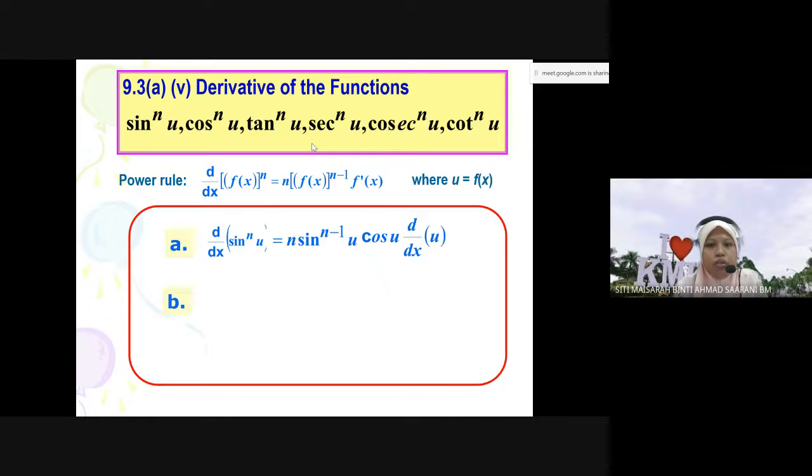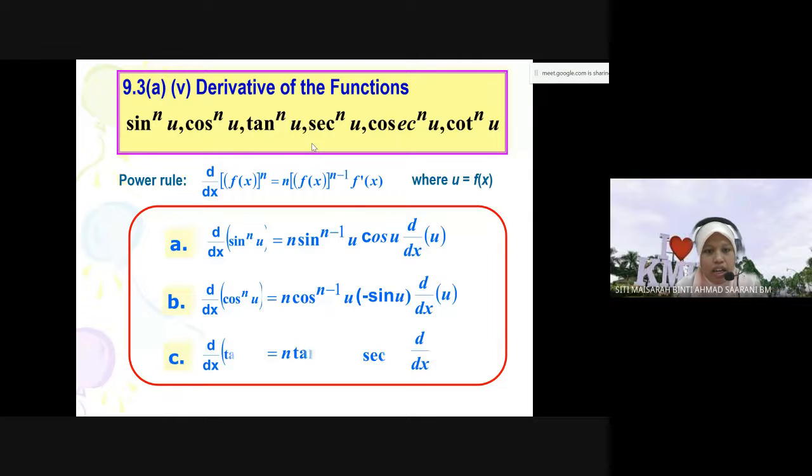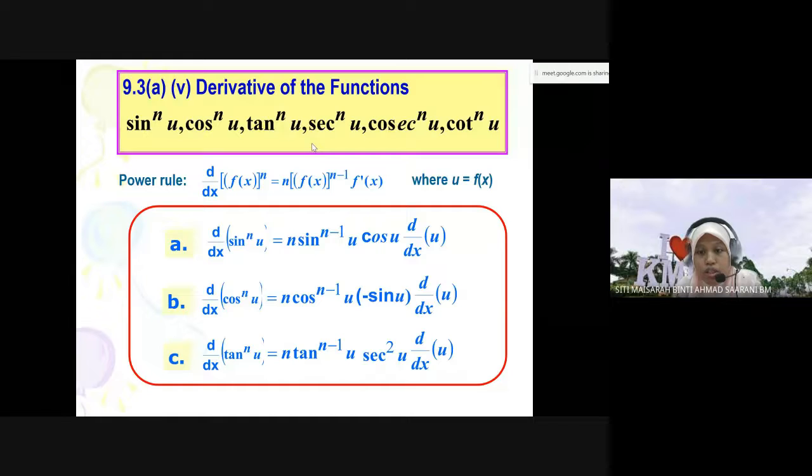Okay, then for B, we have differentiate cos u to the power of n, which is n cos n minus 1 u multiply negative sin u multiply differentiate u with respect to x. And then C, differentiate tan u to the power of n equals n tan n minus 1 u secant square u differentiate u with respect to x.